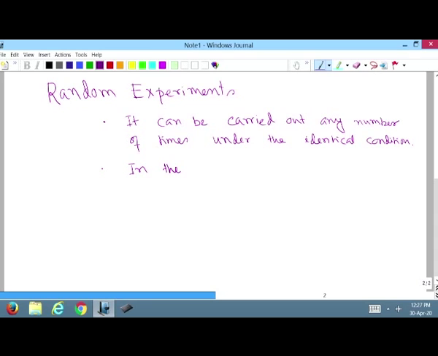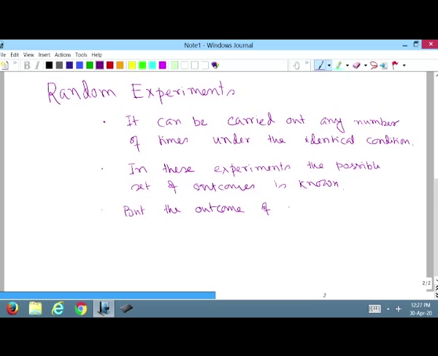If these experiments are carried out, the possible set of outcomes is known, but the outcome of any individual trial is unknown till it is executed.